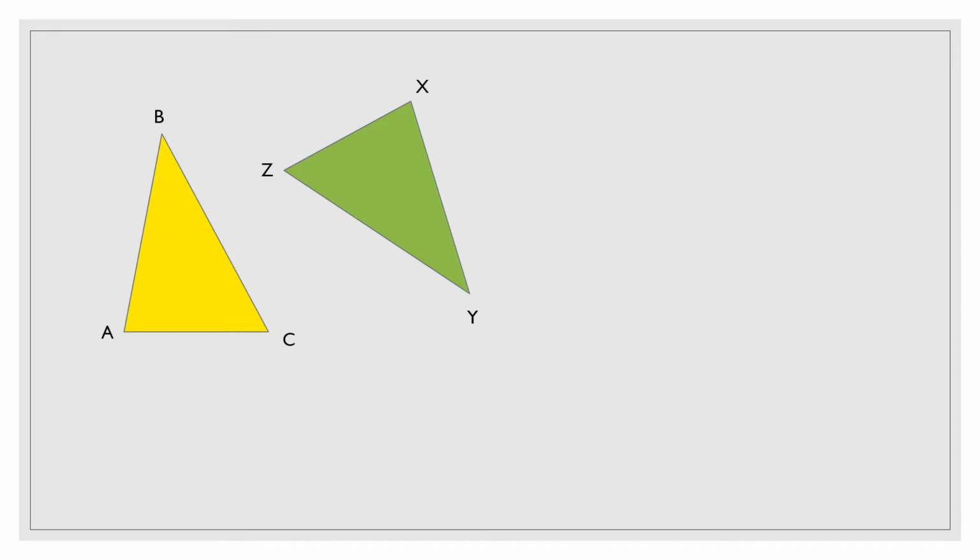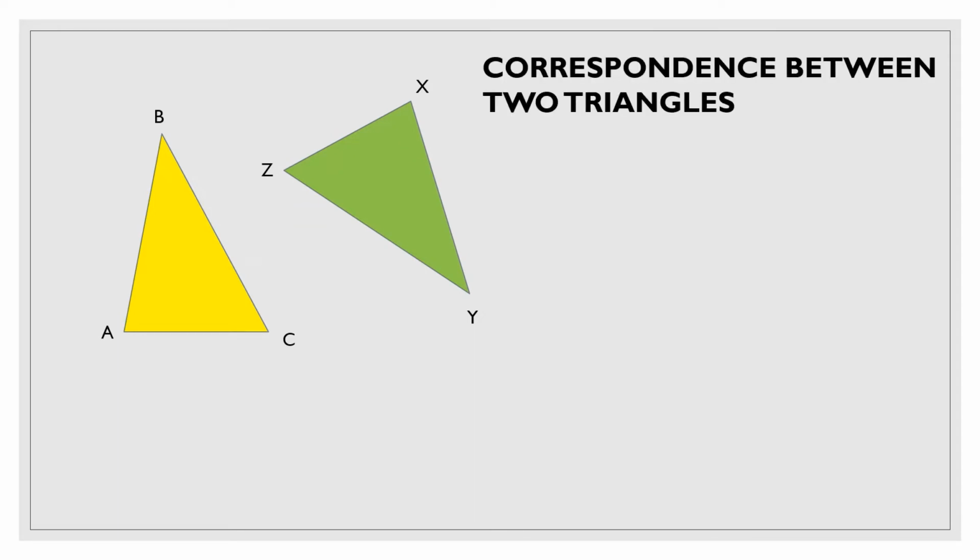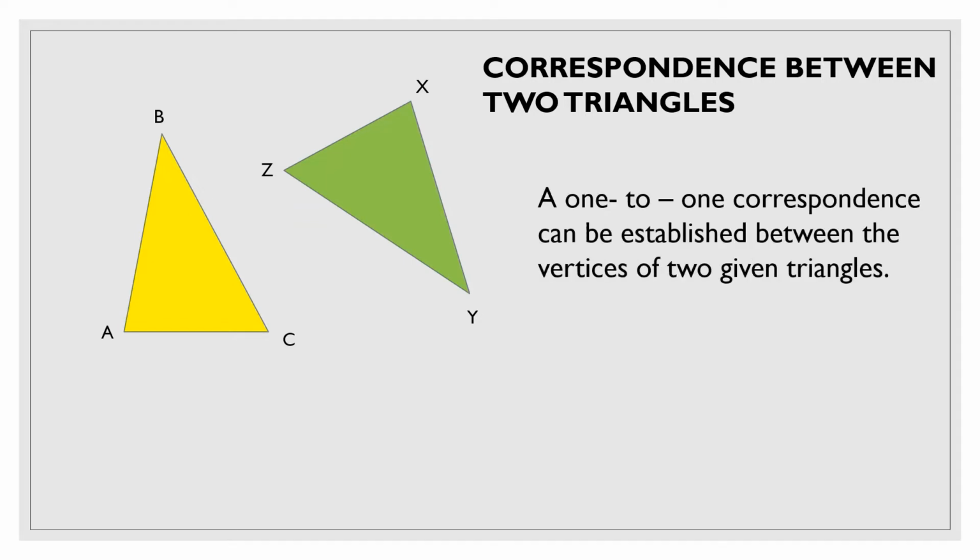In pairing triangles, we have what we call correspondence between two triangles. A one-to-one correspondence can be established between the vertices of two given triangles.